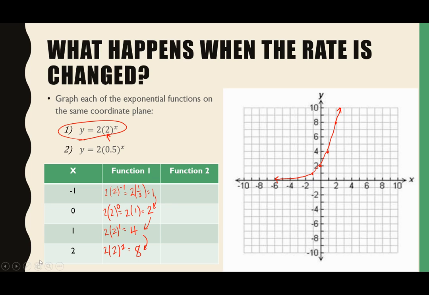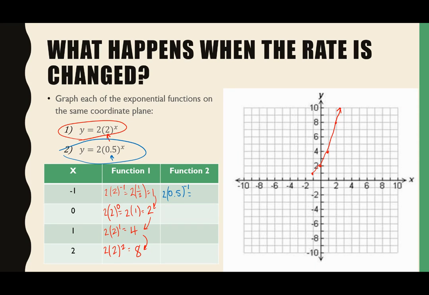So let's take a look at what happens here when I switch my b. Notice here, my b is a fraction, 1/2. I'm going to do this one in blue. So I've got 2 times, that should be a half, so 2 times a half to the power of -1.